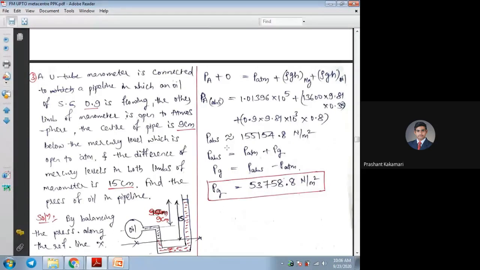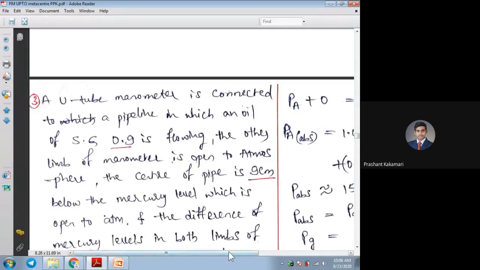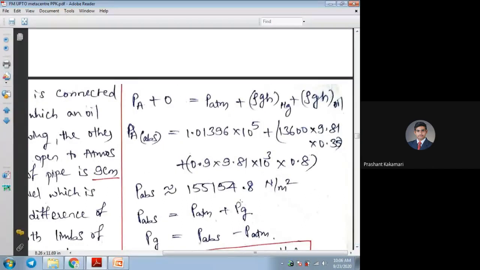All of you check this value, whether it is 1,55,154.8 Newton per meter square, or you can write it as 155.15 kilonewton per meter square.